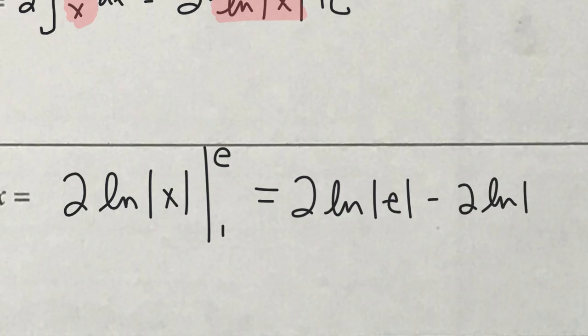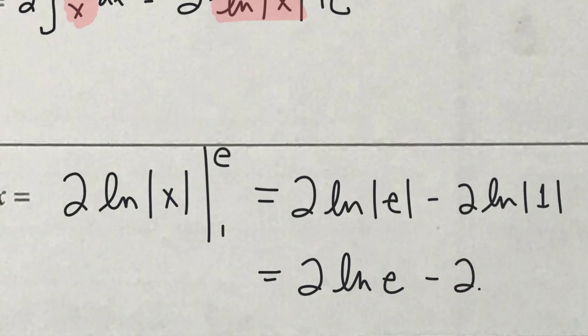Right, I guess absolute value 1. That's going to look tricky. There we go. Absolute value 1. Okay. So not that we have to, but of course these are positive values. So natural log of e doesn't need the absolute value because it's positive. Natural log of 1 doesn't need the absolute value because it's a positive value.